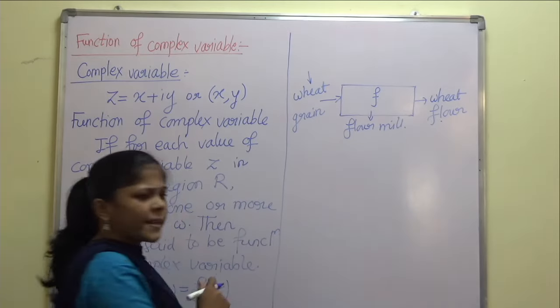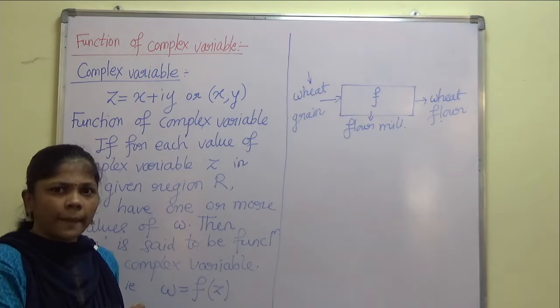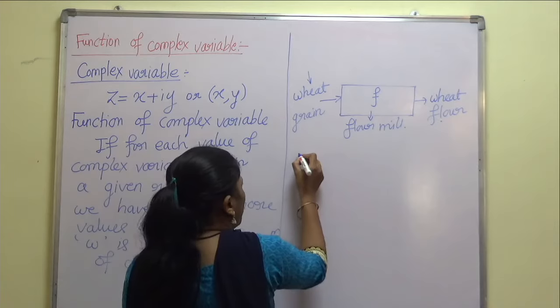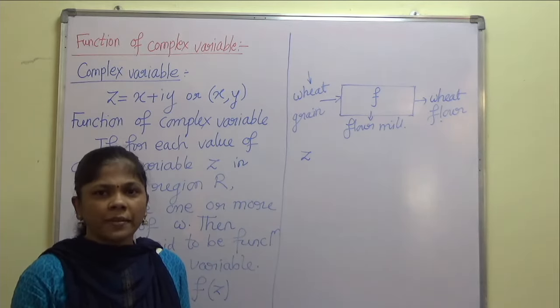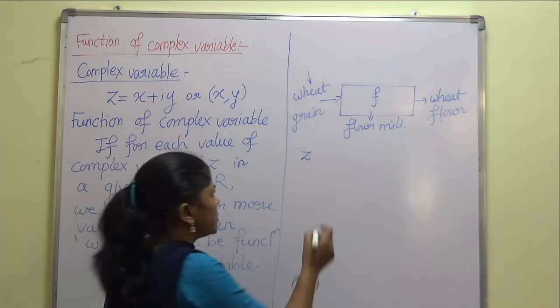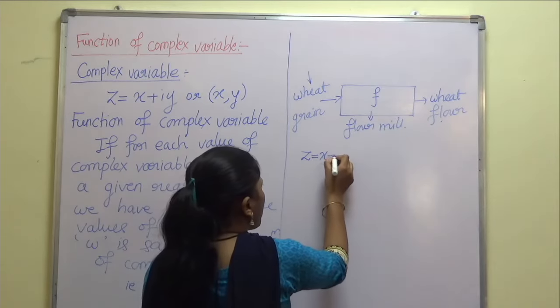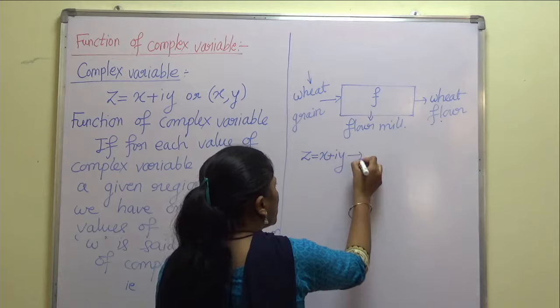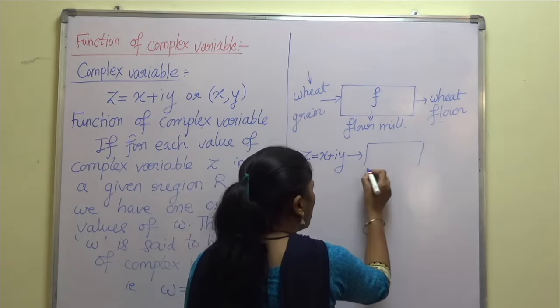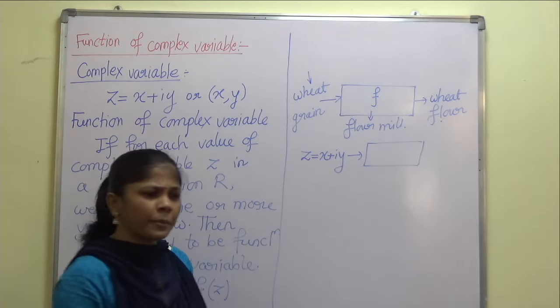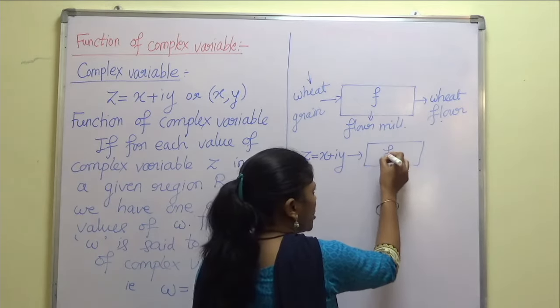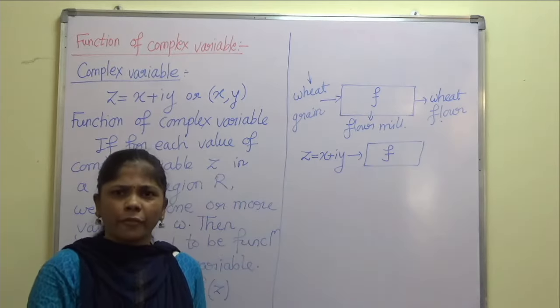So in our example, what will be the input? Input will be z, that is a complex variable, which we have written as x plus iy. Now this goes to a rule. It goes inside the machine, right? That machine is nothing but this rule, function f.